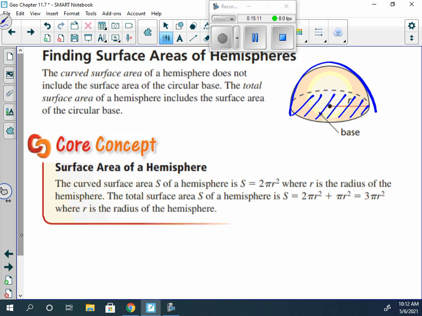Oh, wait a minute. 2 pi r squared, pi r squared, they both have r squared, yes? So they are like terms, which really means the hemisphere is actually 3 pi r squared because they add that extra base into it. Questions on this here?